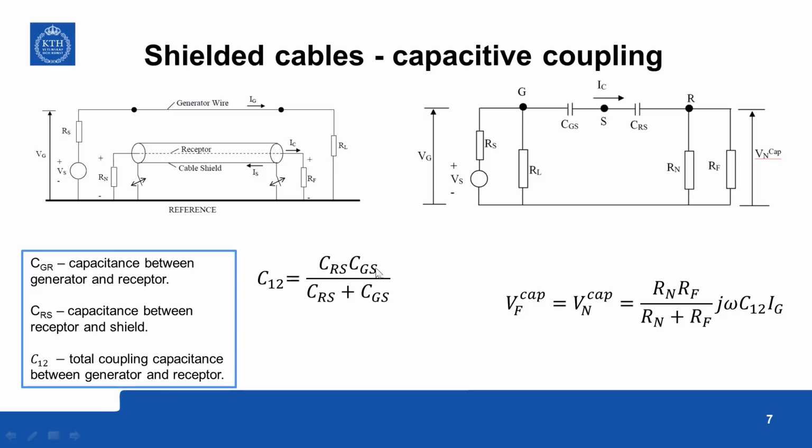So basically then it will be as if there is no shield present, only CGS is present in the case when they are not connected to the ground.